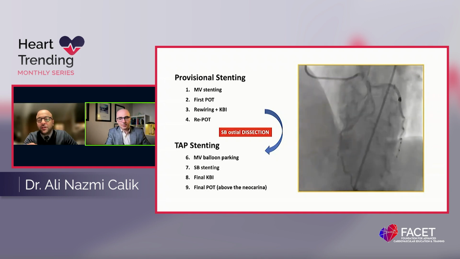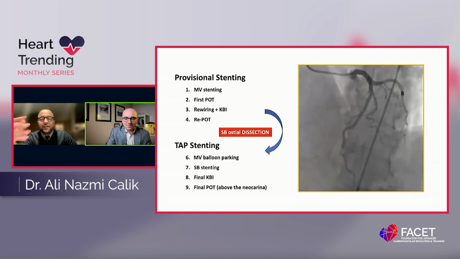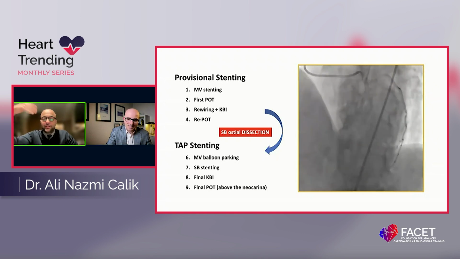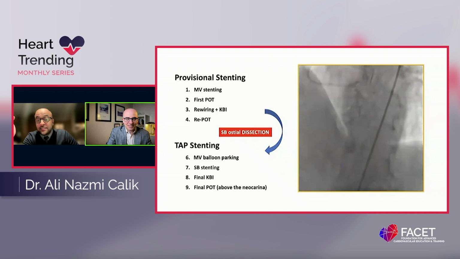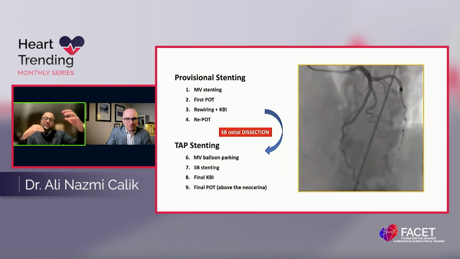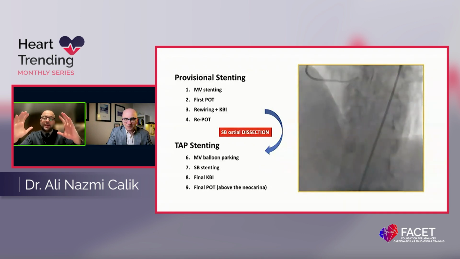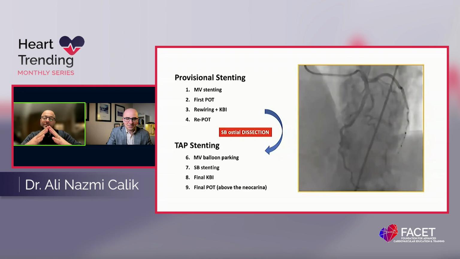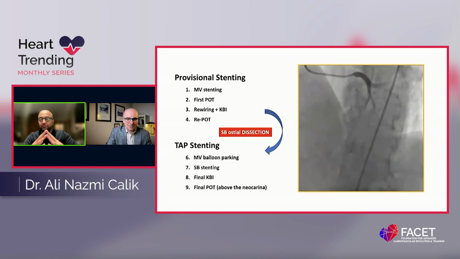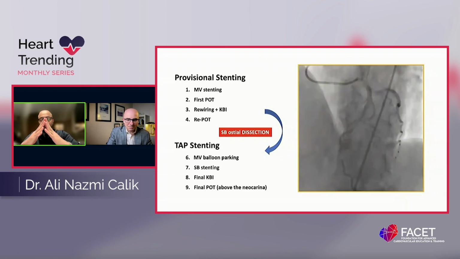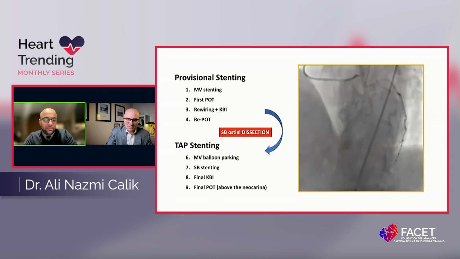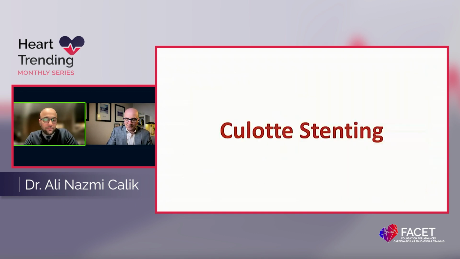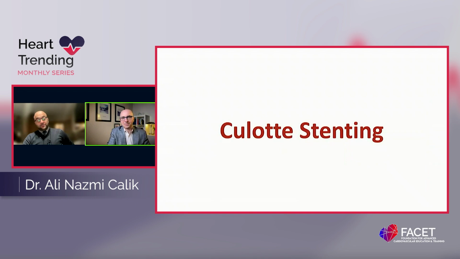In Turkey, we call it 30-30 because LAO 30, cranial 30. Probably it is the same in the United States. The LAO cranial is the best angle to evaluate this diagonal ostium because it is really bifurcated and you see the side branch ostium beautifully. That was a good save.